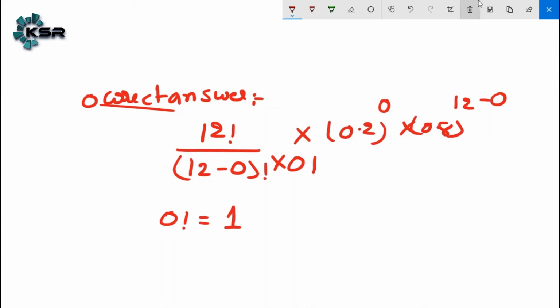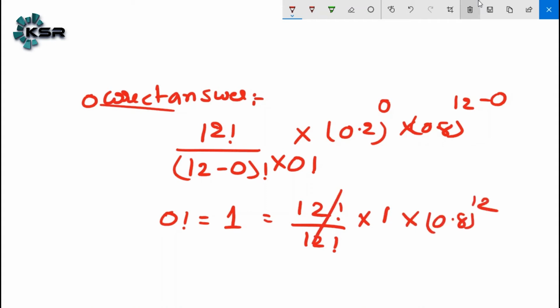It is not at all 0. So the answer for this, 12 factorial divided by 12 factorial into 1 into 1, is 0.8 to the power of 12.